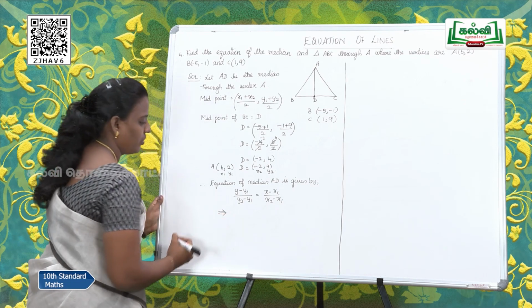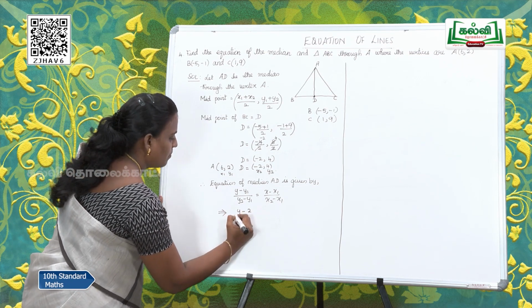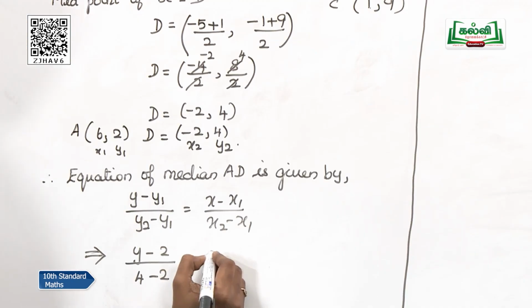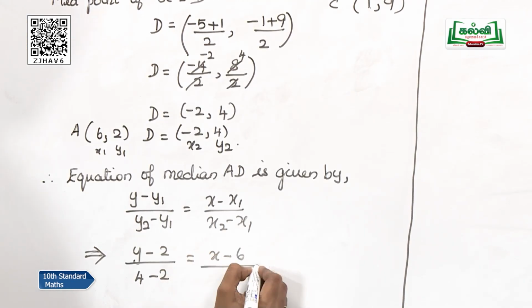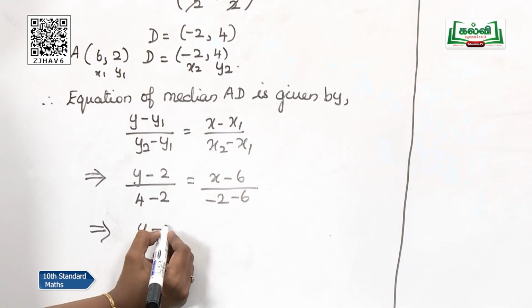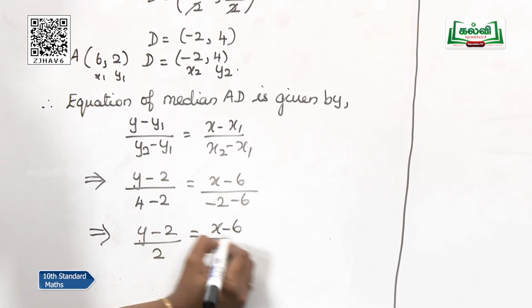So when I simplify, what will I get? Substitute. So I get (y - 2)/(4 - 2) is equal to (x - 6)/(-2 - 6), isn't it? So I get (y - 2)/2 is equal to (x - 6)/(-8).